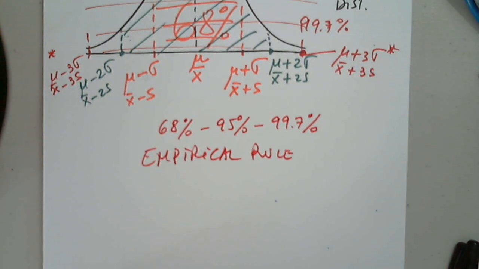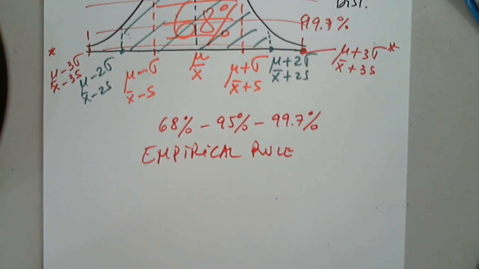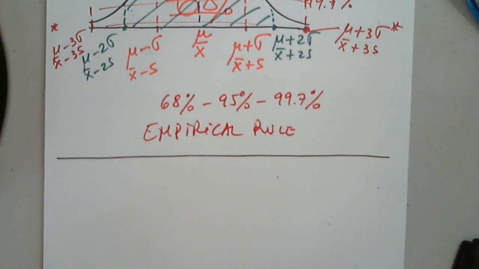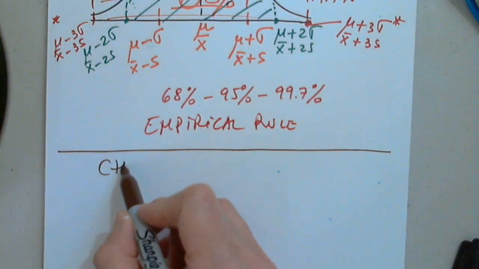There is one other rule, and this is the last one before we can start working on different examples. It was a Russian mathematician who came up with this, Chebyshev.